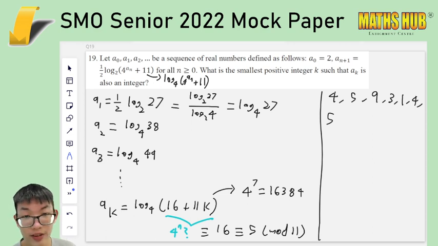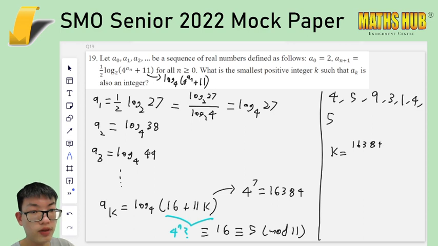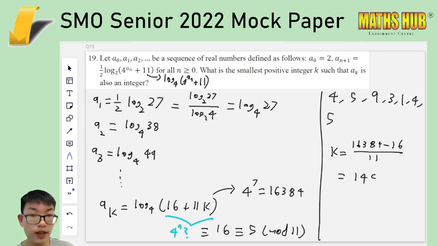Now finally, to get k, we just subtract 16 and divide by 11. Okay, and the answer is 1488.